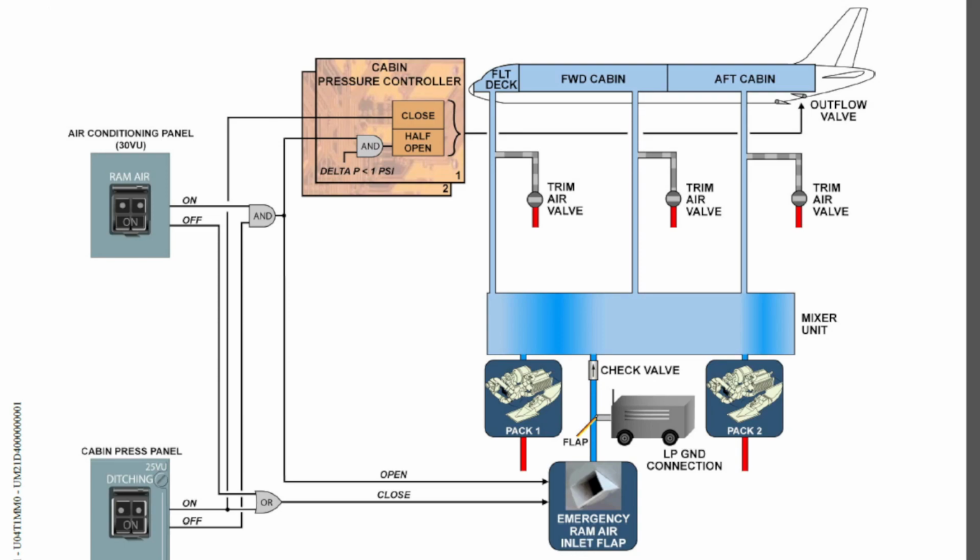So you will have fresh air from outside come into the cabin to compensate for lost packs or to ensure smoke is removed from the cabin. That is basically the function of the emergency ram air system.